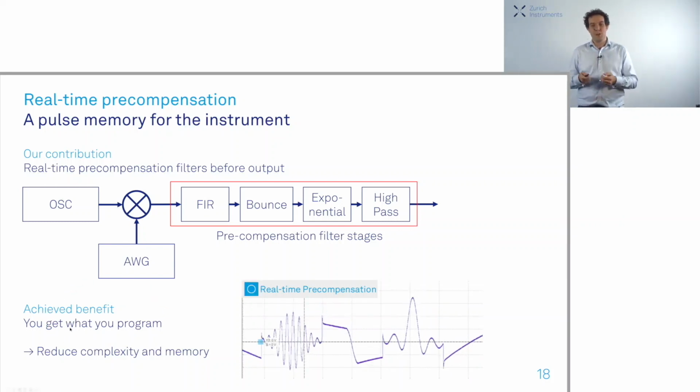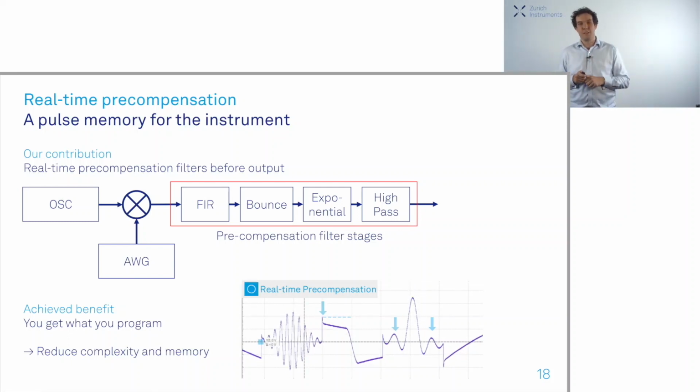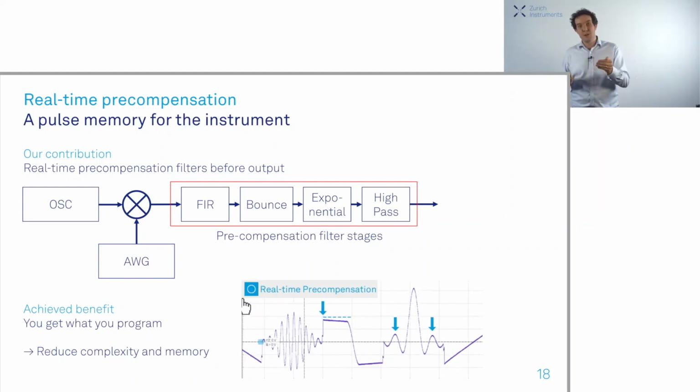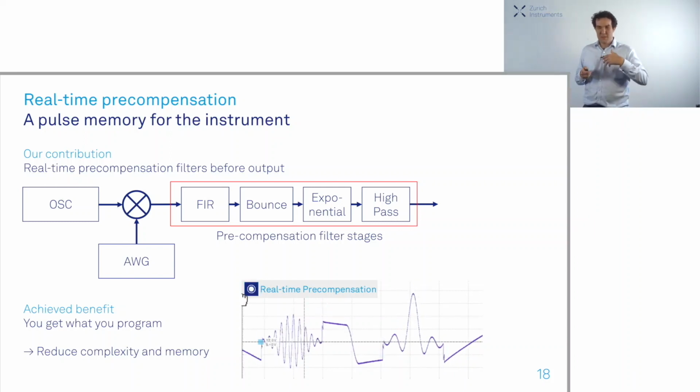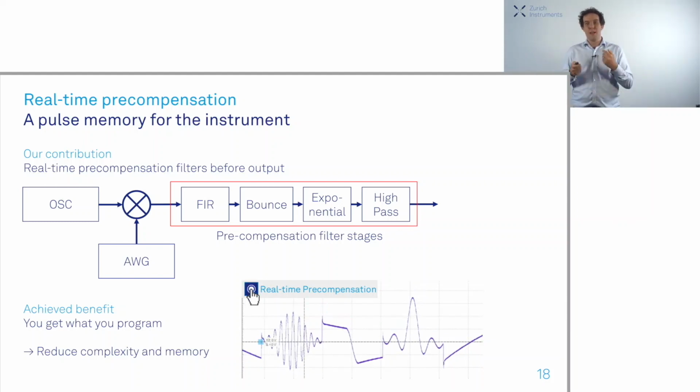You can always rely that what you program into your AWG will actually arrive at the qubit. This helps you to reuse pulses, and also minimize the information that you need to program on the way, and you can do feedback.